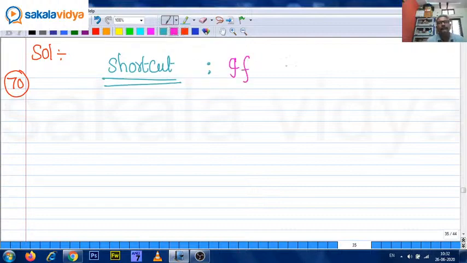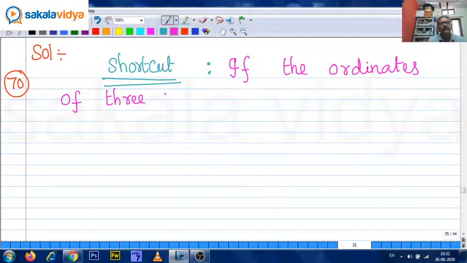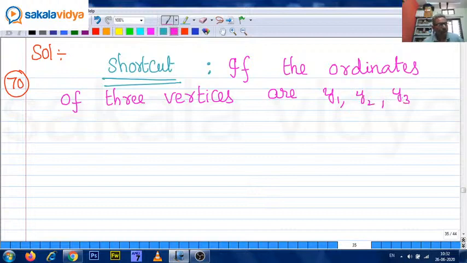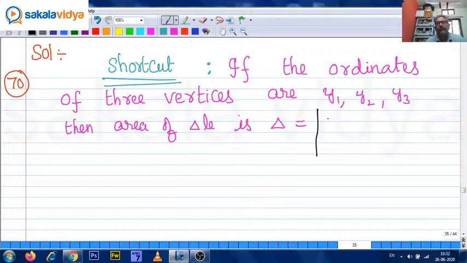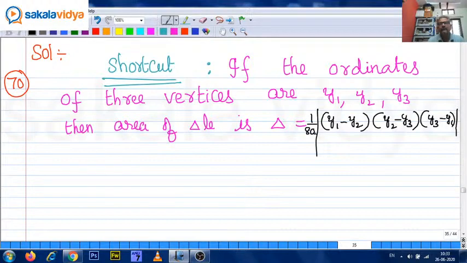If the ordinates of three vertices are y1, y2, y3, then the area of the triangle delta is equal to mod of (y1 minus y2)(y2 minus y3)(y3 minus y1) upon 8a. This is the answer.